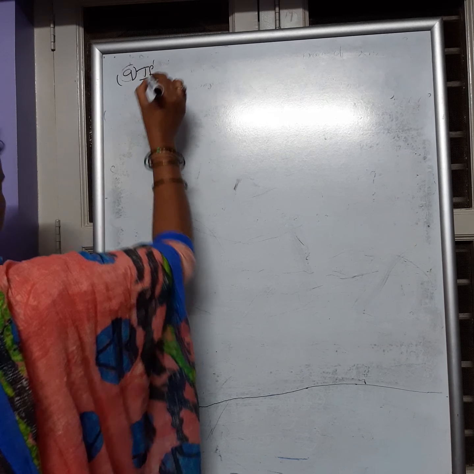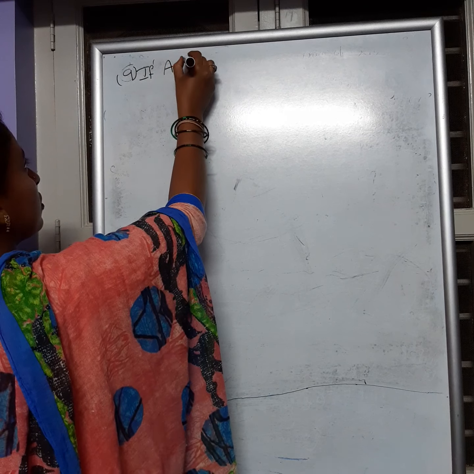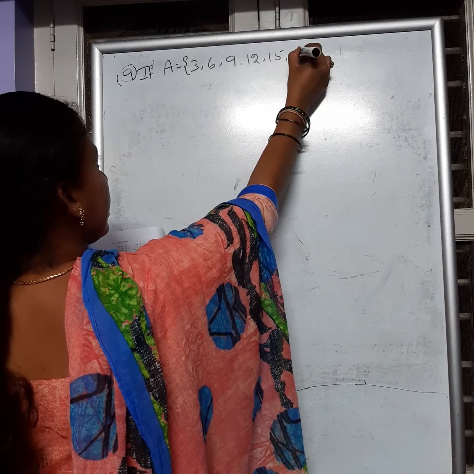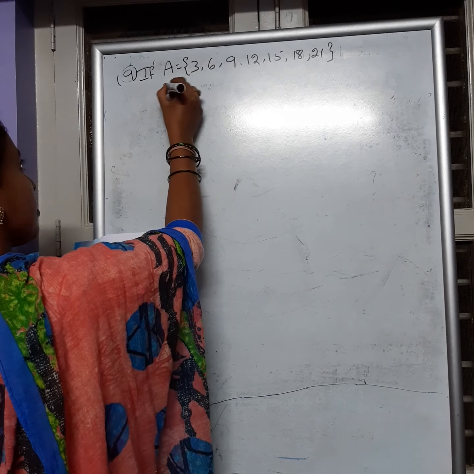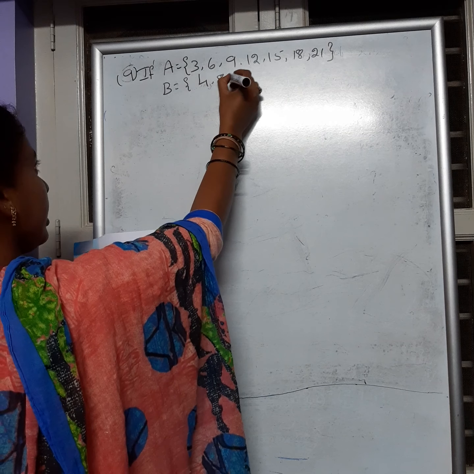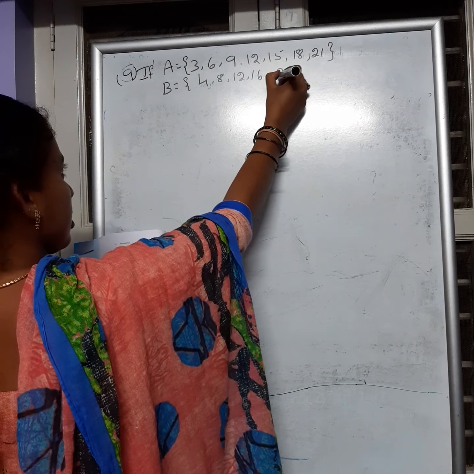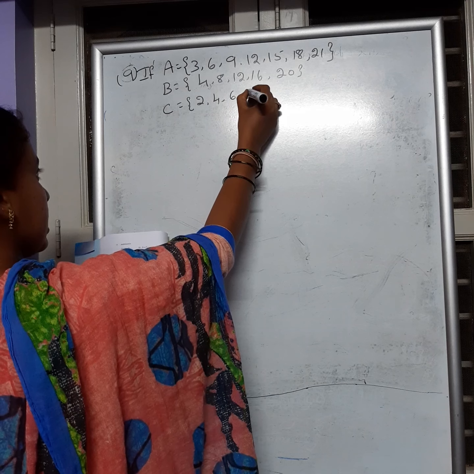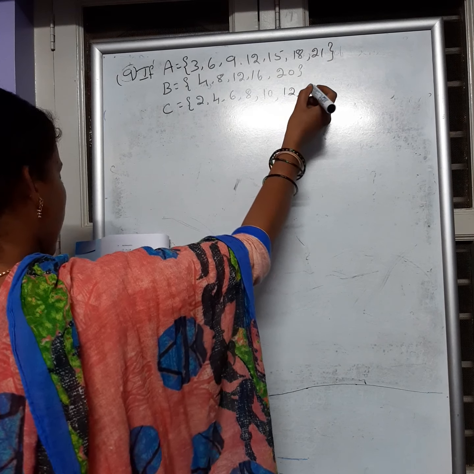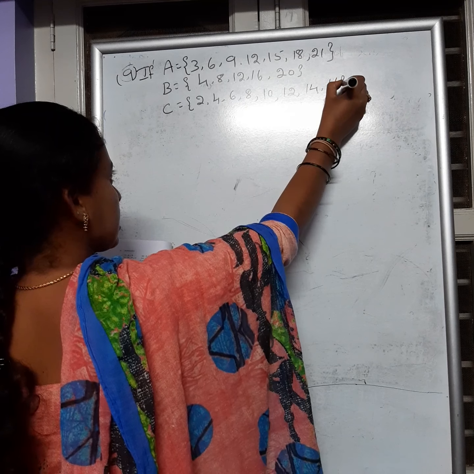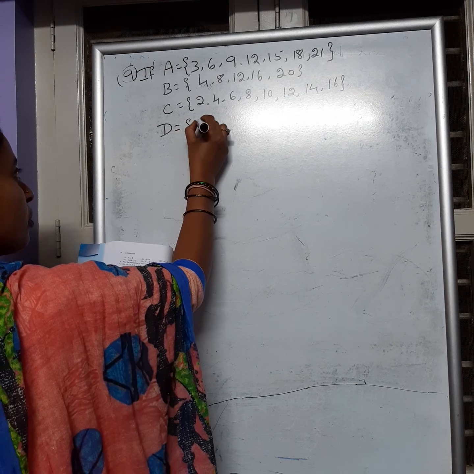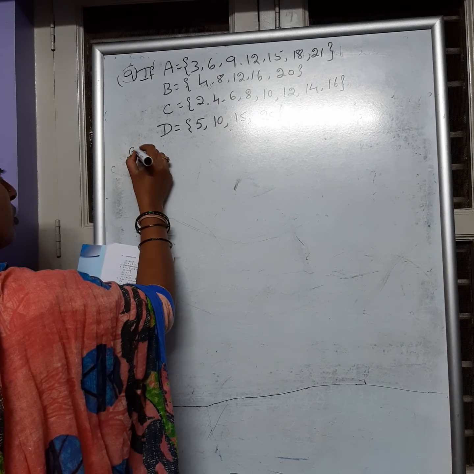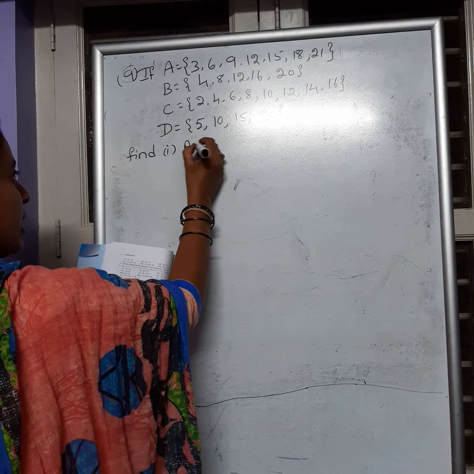If A equals 3, 6, 9, 12, 15, 18, 21 and set B equals 4, 8, 12, 16, 20 and C equals 2, 4, 6, 8, 10, 12, 14 and 16 and set D equals 5, 10, 15, 20.